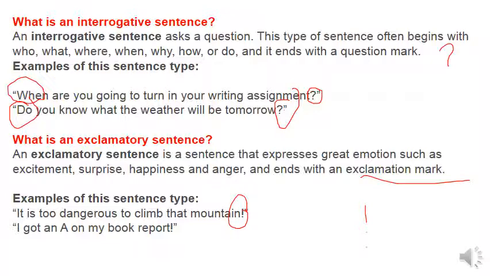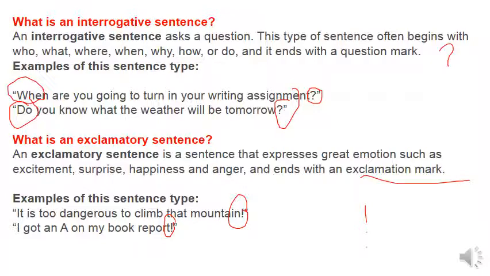I got an A on my book report! As you can see, this sentence also ends with an exclamation mark. And this sentence shows excitement and happiness because this person got an A, which is something that makes the person feel happy or excited or surprised.